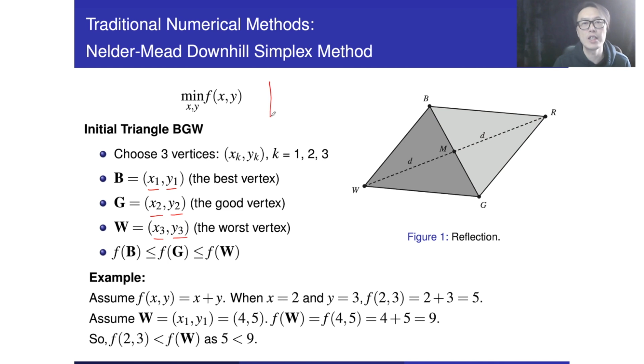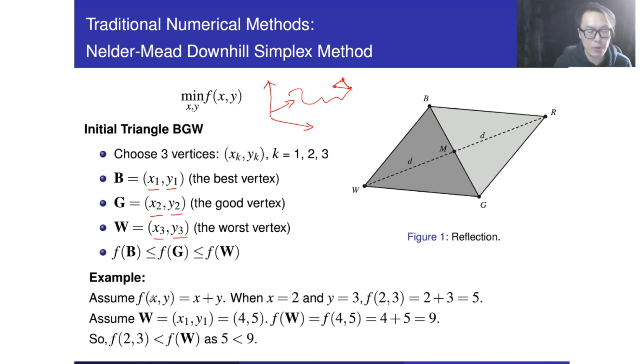That means in a landscape, we have a curve right here. We can simply pick 3 points: this is x1, y1, this is x2, y2, this is x3, y3. And now, after we have these 3 points, we have to evaluate their cost.